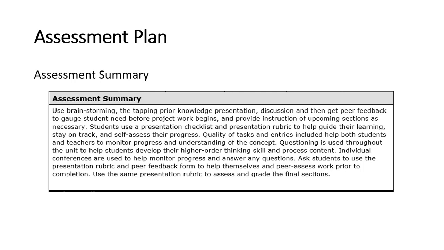The quality of tasks and entries helps students and teacher monitor progress and understanding of concepts. Individual conferences are used to help monitor progress and answer any questions. A presentation rubric is used to assess and grade the final section.